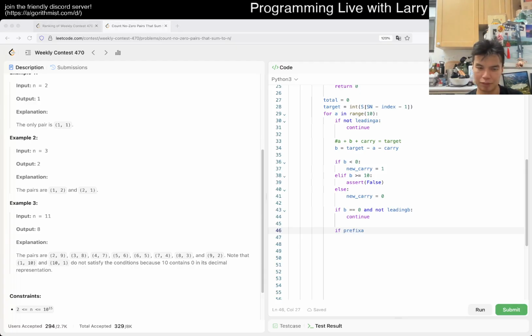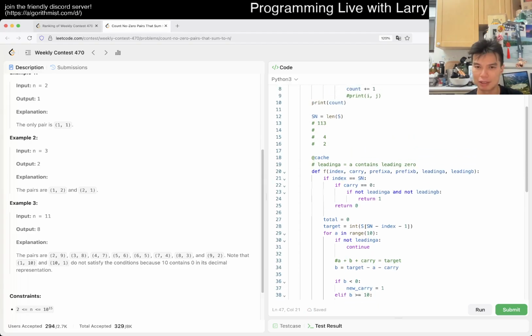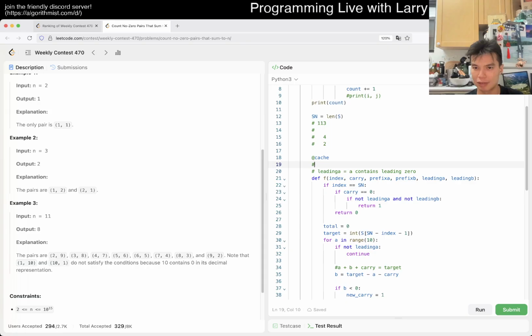If we're still looking at the prefix, what is prefix again? I'm confusing myself. It means that, oh, that means that it matches the prefix of the.